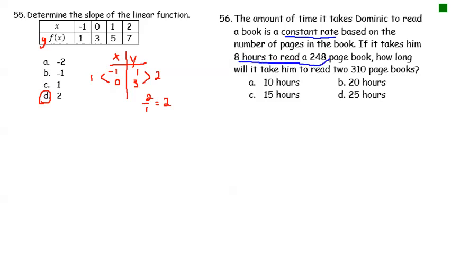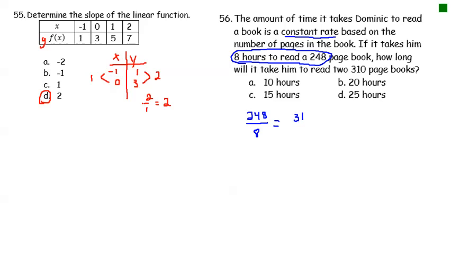And we can do that while finding the rate of change right here. So 248 pages in 8 hours. If we divide that, we see that he can do 31 pages in 1 hour.